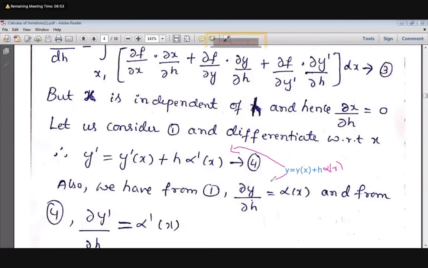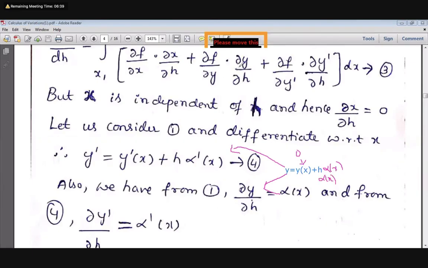When you differentiate this partially with respect to h, y of x is independent of h, so its derivative is 0, and the derivative of h alpha of x with respect to h is alpha of x.